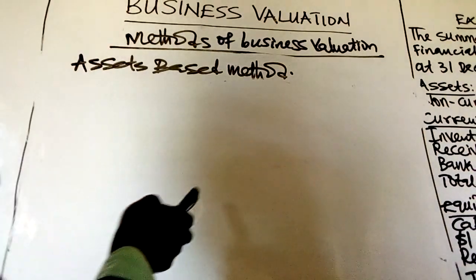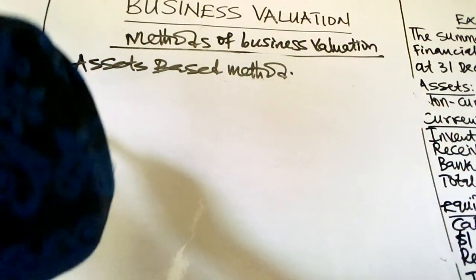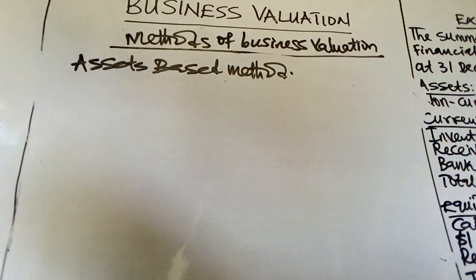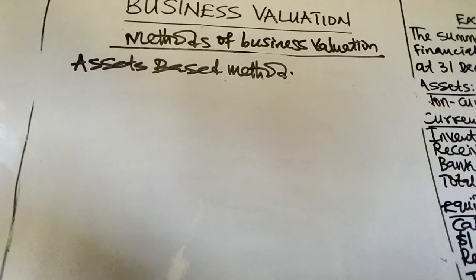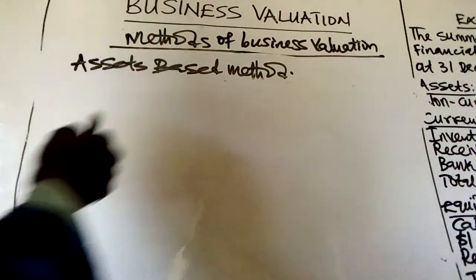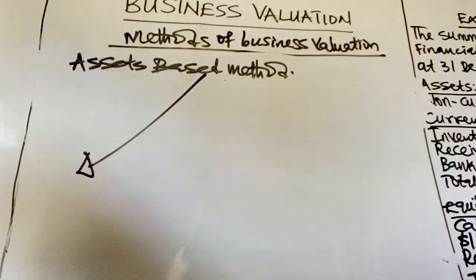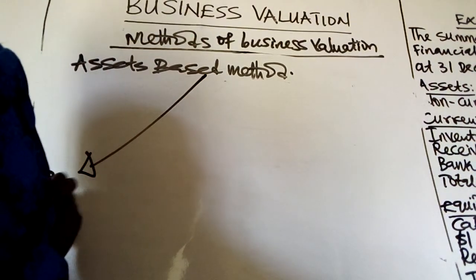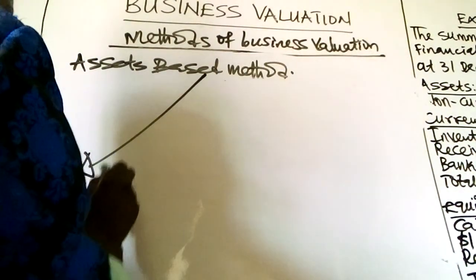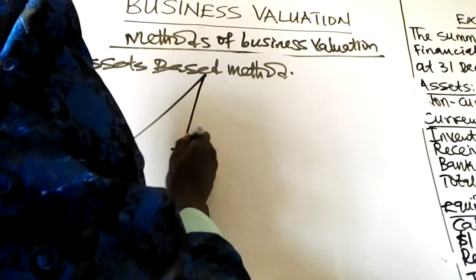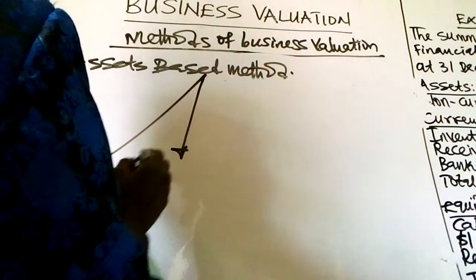You deduct the liabilities from the total value of the assets in the statement of financial position. That is the asset-based method. Under this method, we are going to consider, one, the book value. Two, we will consider replacement cost.